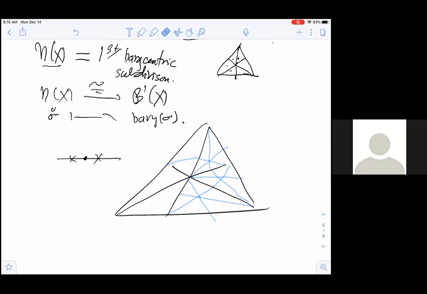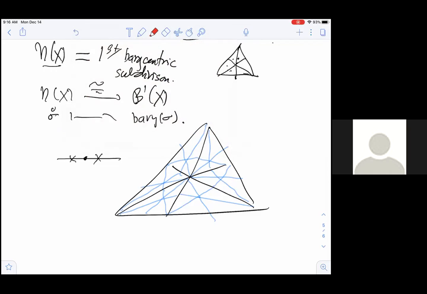First barycentric subdivision. Yeah, I see. It goes from here to here and there to there. Okay. All right.